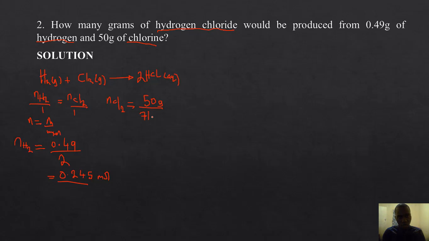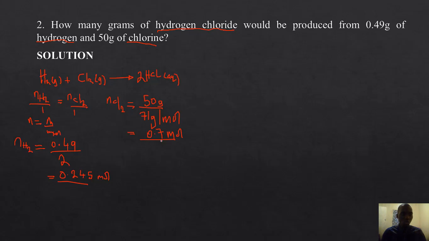So this is 71 grams per mole. Punch that on the calculator. Let's see what we get. So that is 50 divided by 71, and this one is giving us about 0.7 moles.